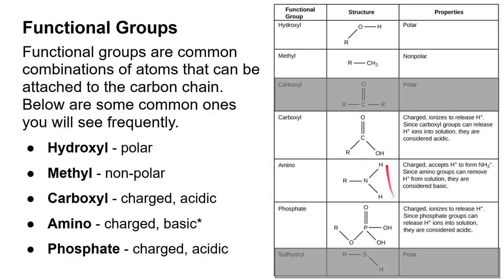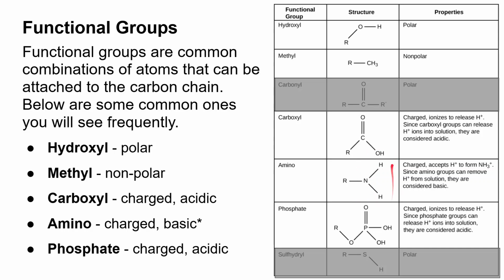Amino groups have a nitrogen and 2 hydrogens here. Often you'll get an H plus that will join on here, so they end up pulling some H plus from the solution and becoming basic. Slightly basic.